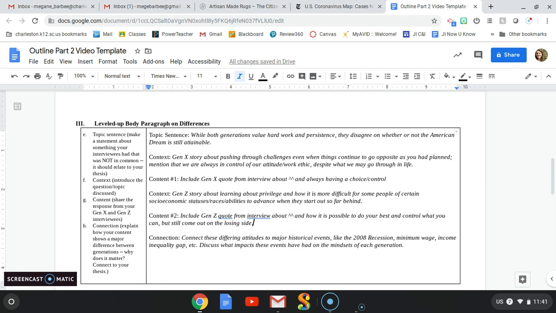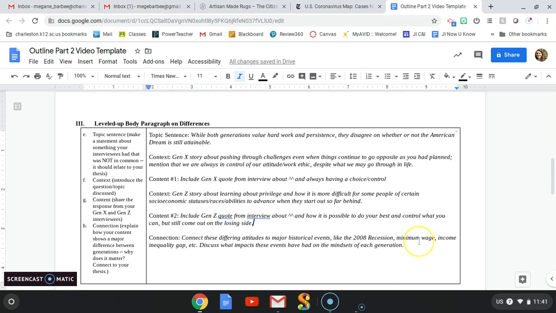And I think I want to connect these differing attitudes to major historical events, like the 2008 recession and how that maybe colored my brother's mindset in a different way.